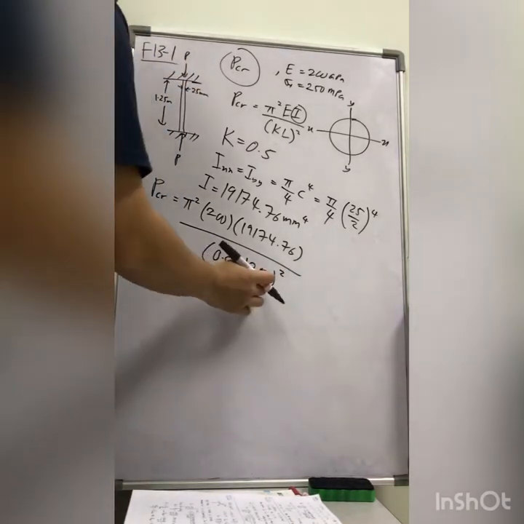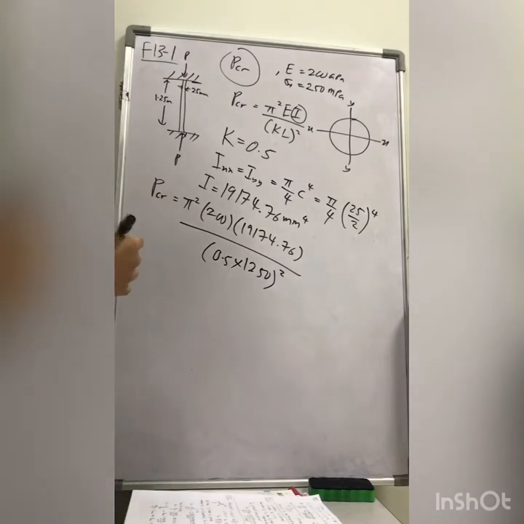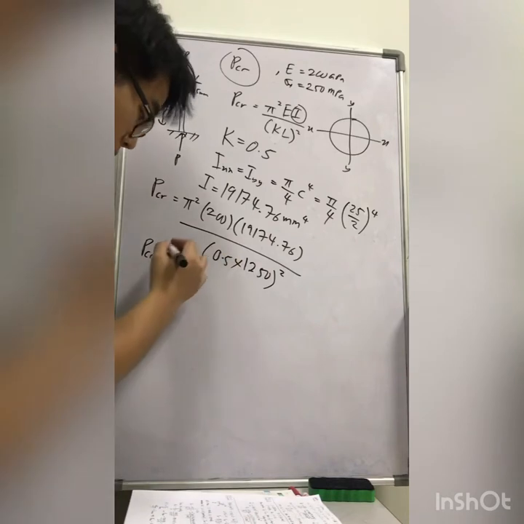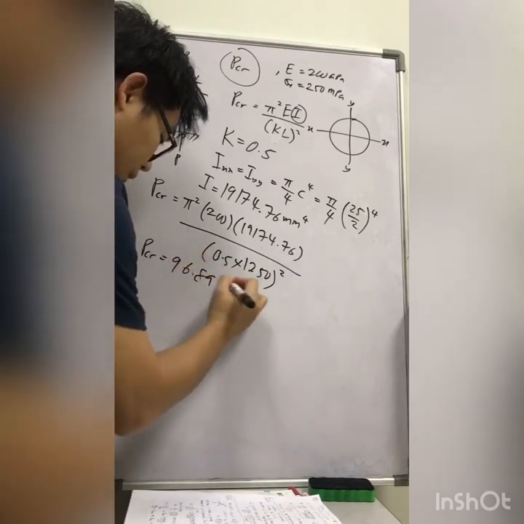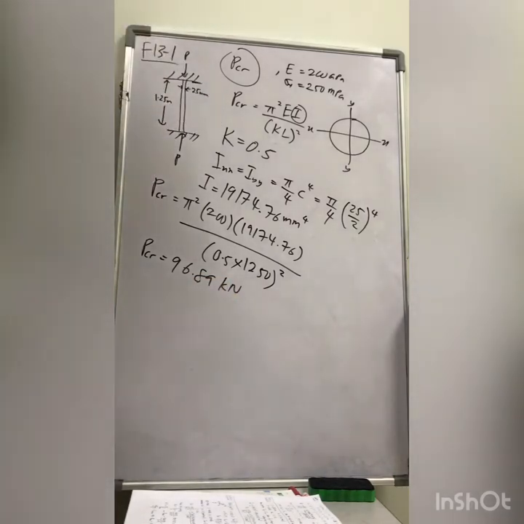Remember, (K times L) squared. So your P critical buckling load is 96.89 kilonewton.